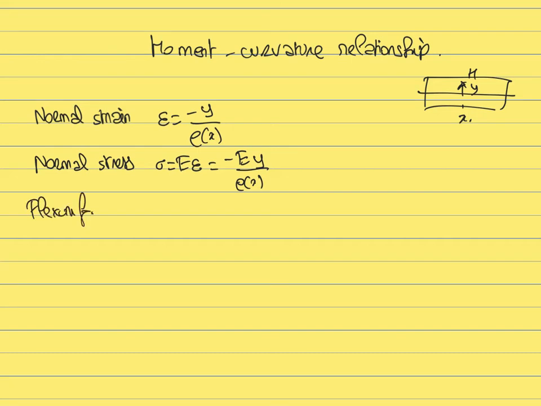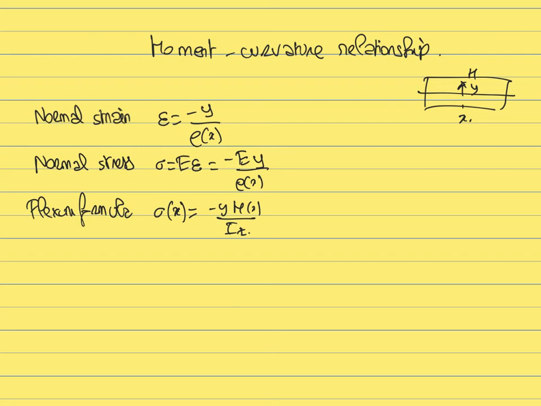The flexure formula tells you that the normal stress at a given point is equal to minus y times the internal moment divided by Iz. So this is the flexure formula that allows you to calculate the normal stress at a given point in terms of the internal moment and the moment of inertia Iz.